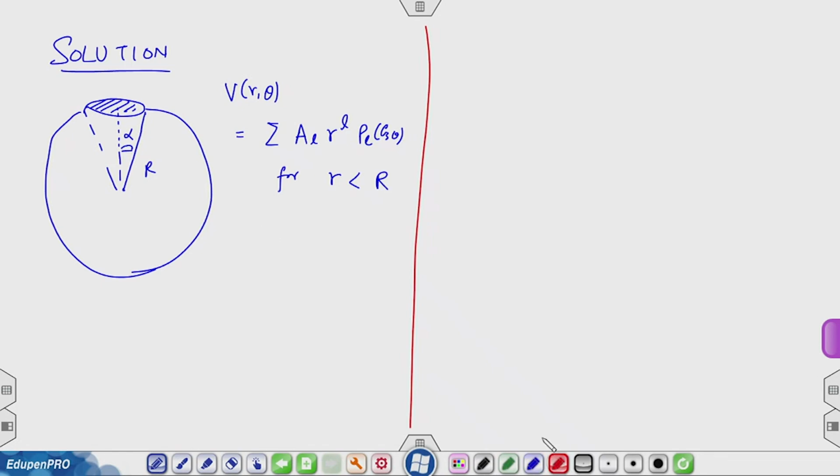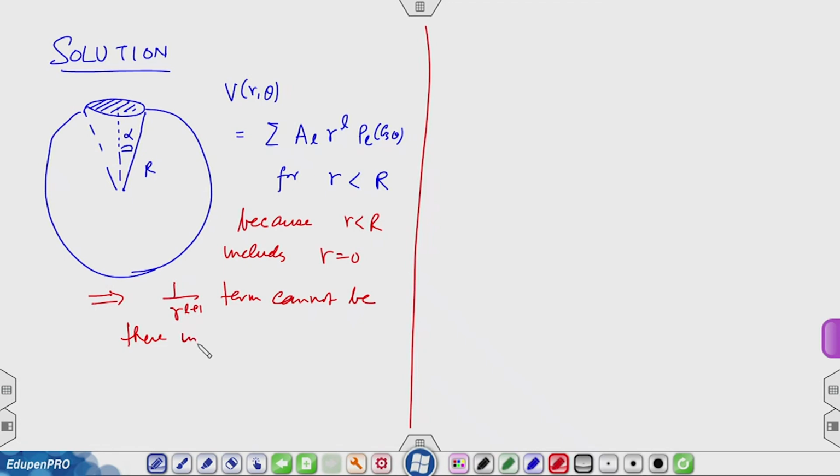Because r less than R includes r equals 0, and this implies the 1 over r raised to L plus 1 term cannot be there. That will make the potential blow up.